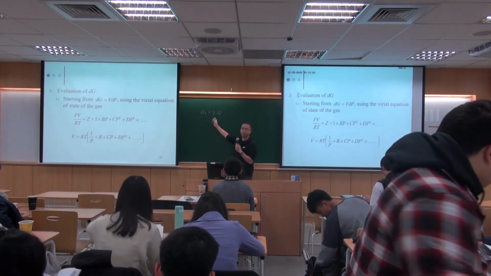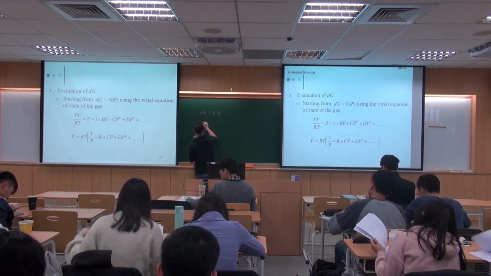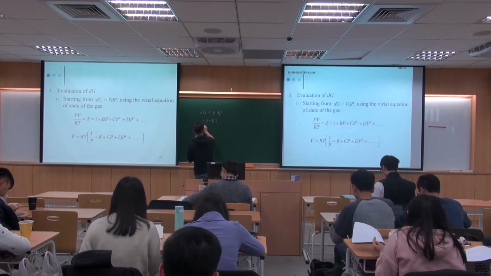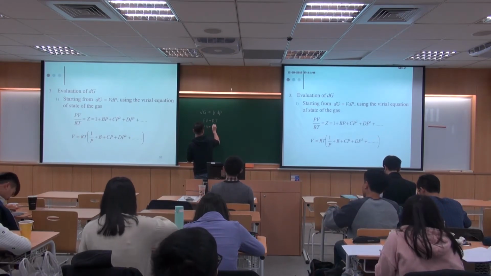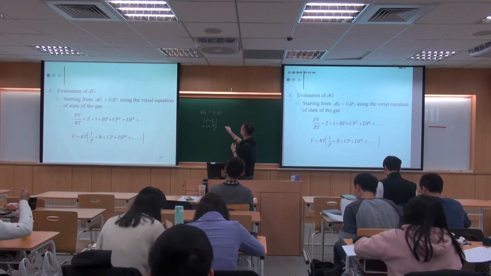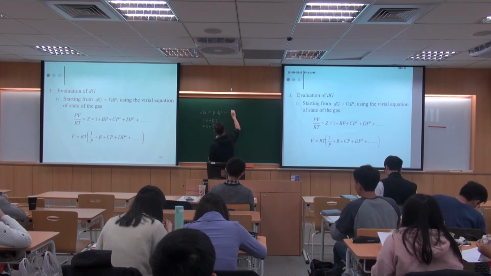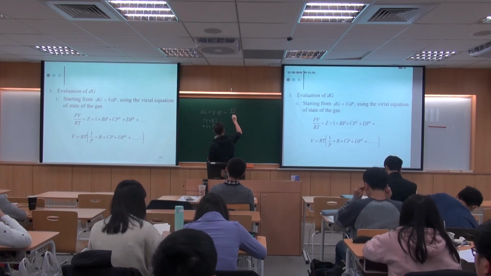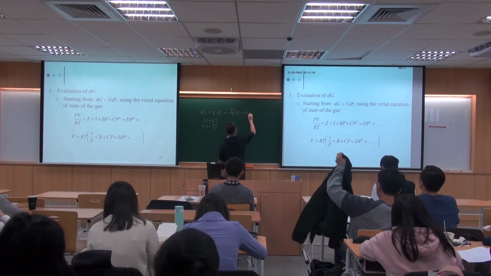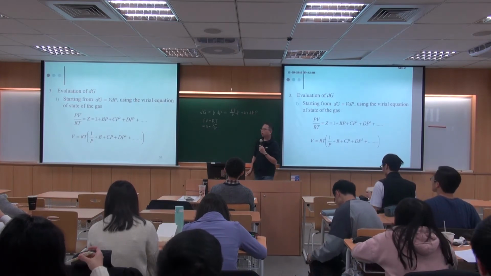And because for ideal gas, this can be replaced by the ideal gas law, therefore, V is RT over P. So for ideal gas, this is simply this expression.